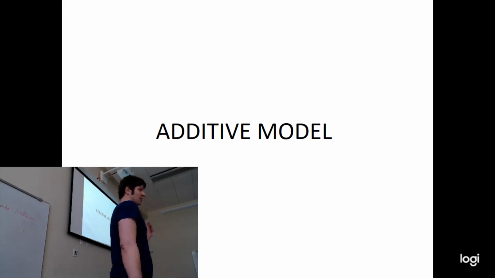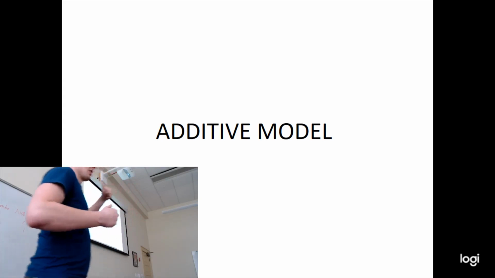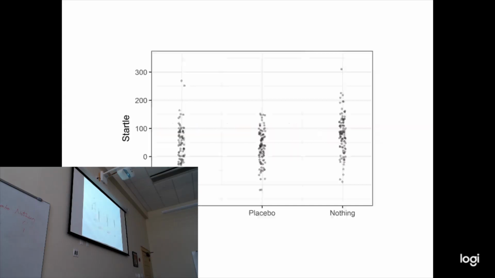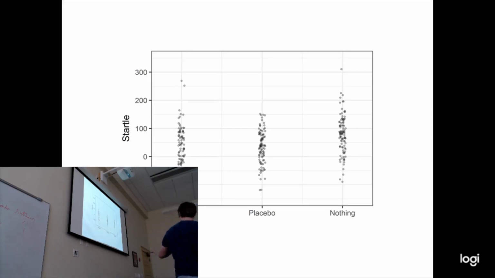The main difference is that with dummy codes, you're looking at a series of mean differences between a group of interest and a reference group. So let's go through this and see what it looks like.